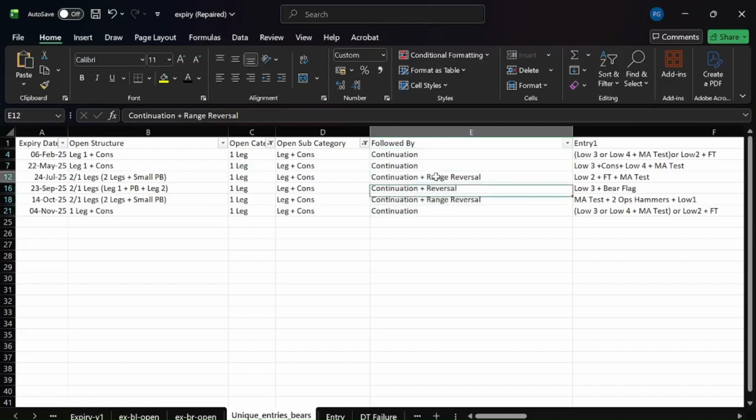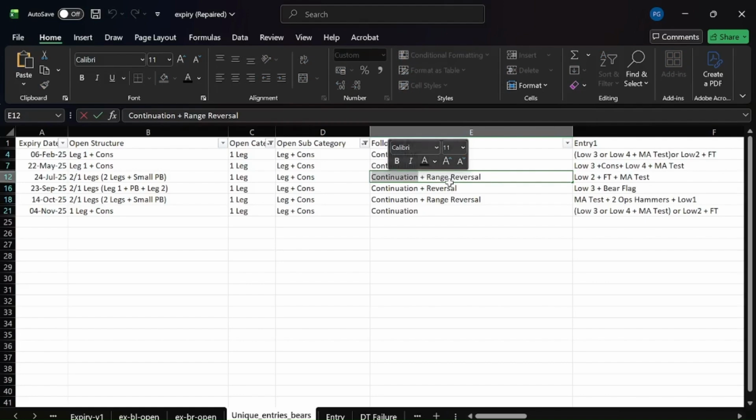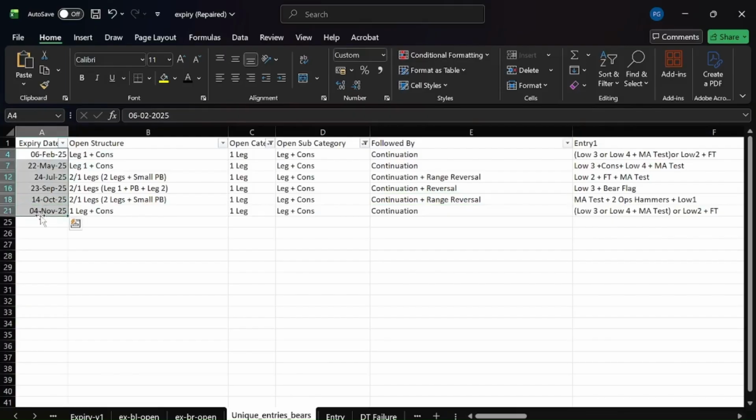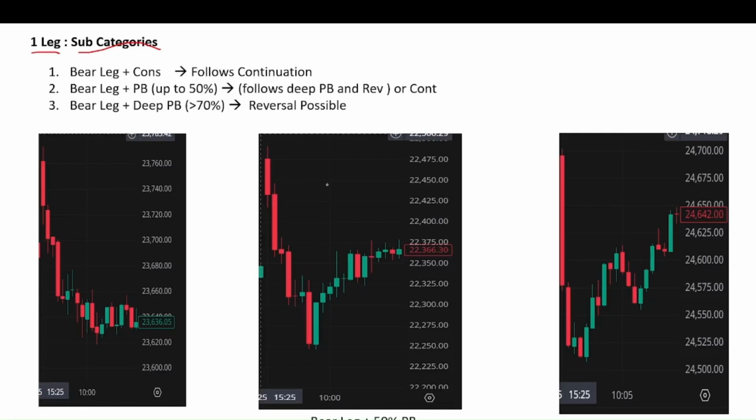Even if it reverses after the 3 legs which we discussed in that setup, it will only do so after giving you at least 1 continuation trade. So these are all the 6 trades. Now we will see how they look. 1 bear leg and consolidation follows continuation almost always.